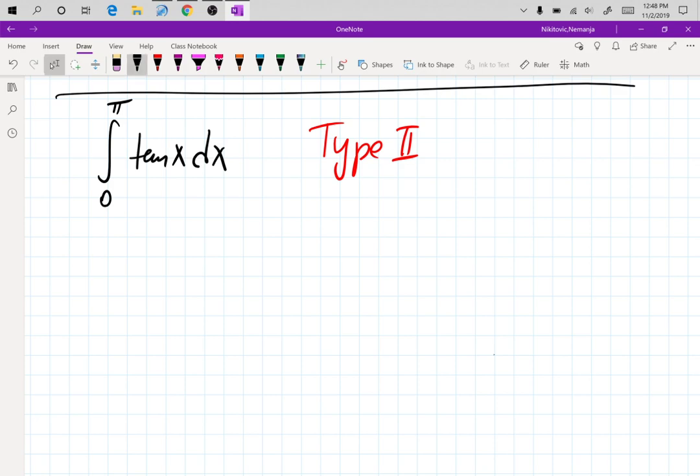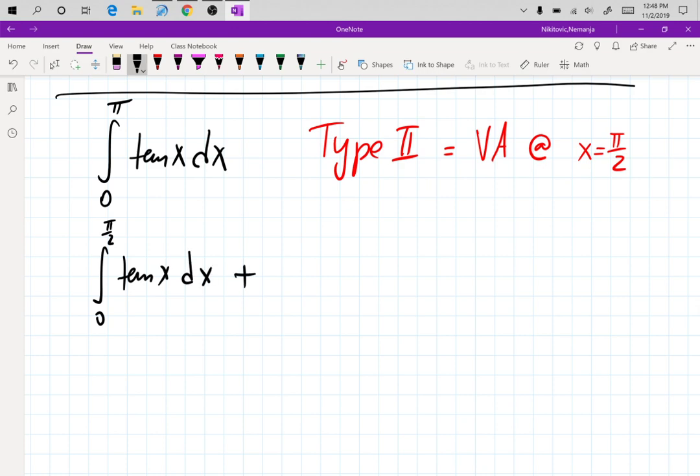Type 2, because we know there is a vertical asymptote at x equals pi over 2, and that's the bad point. So I have to break this into the integral from 0 to pi over 2 of tangent x dx plus the integral from pi over 2 to pi of tangent x dx.